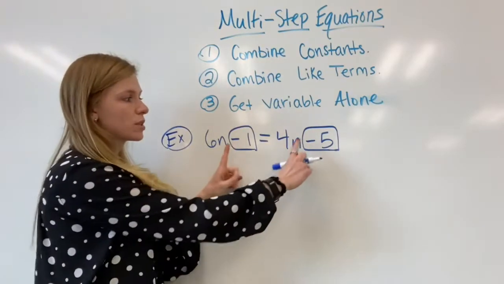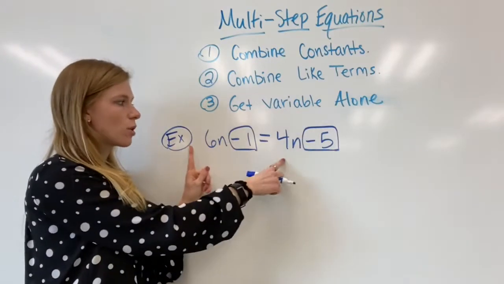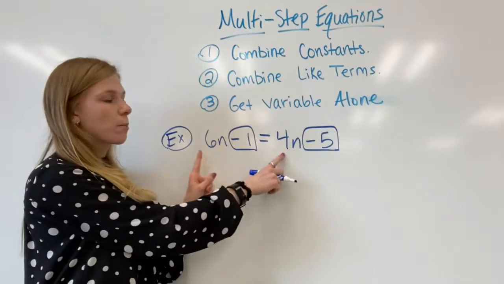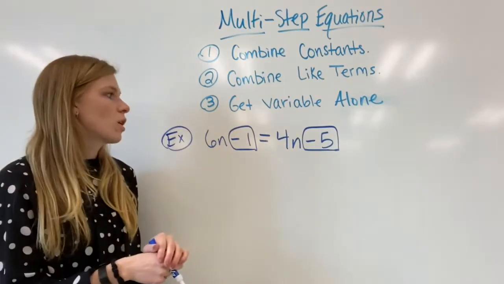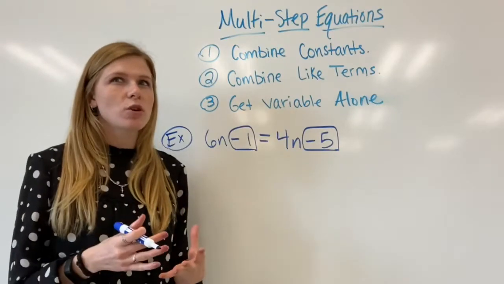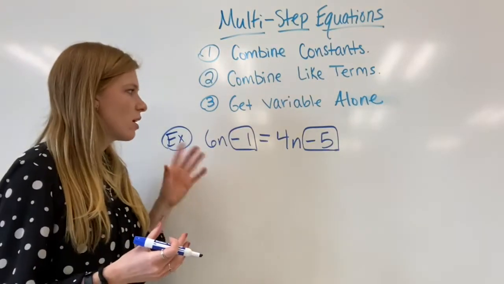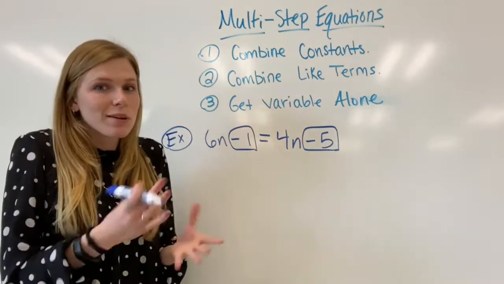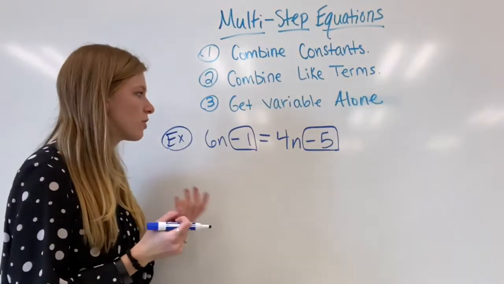Always include the sign before it. Notice the 4 and the 6 don't have a plus or a minus before them, but I know that they're both positive. So I'm going to combine these. Now, normally you'd move the one that's closest to the variable, but in this case, they are both close to the variable, so it doesn't really matter. Choose whichever one that you want to move.